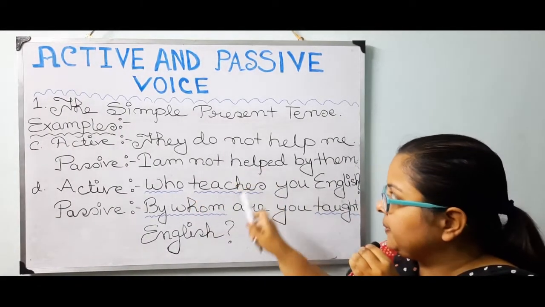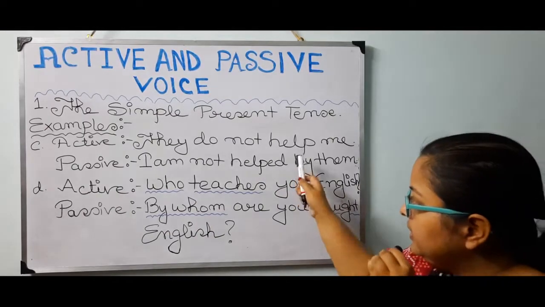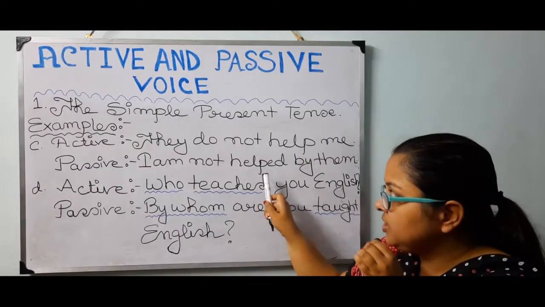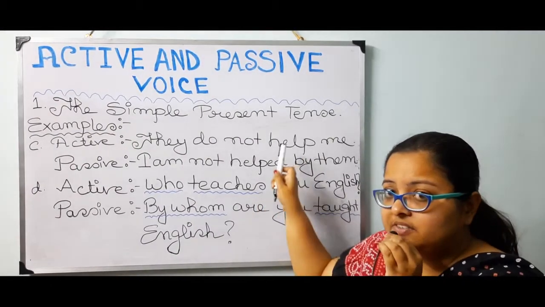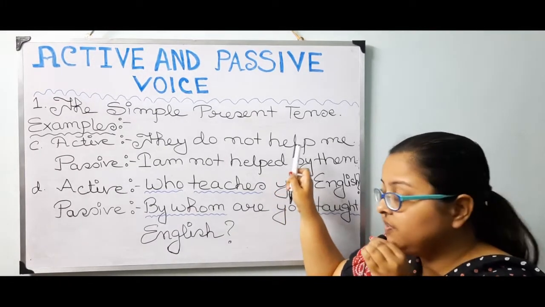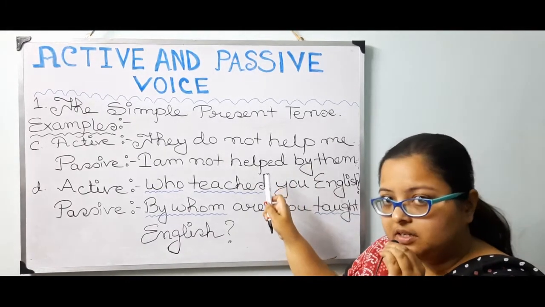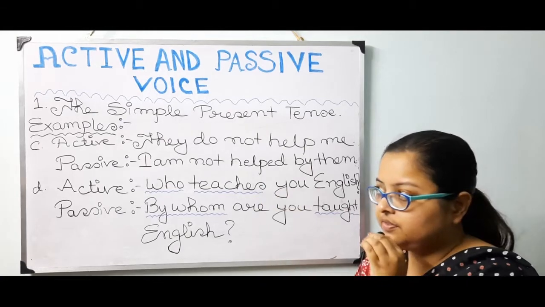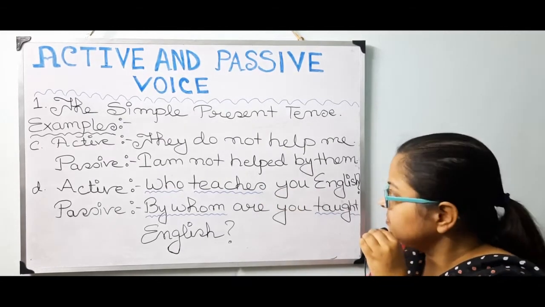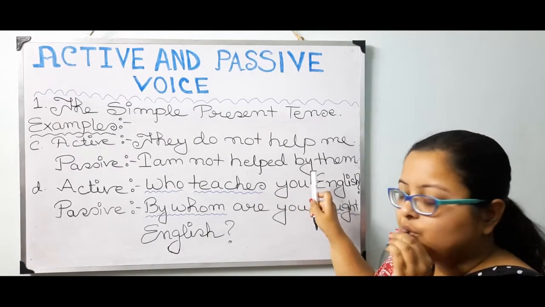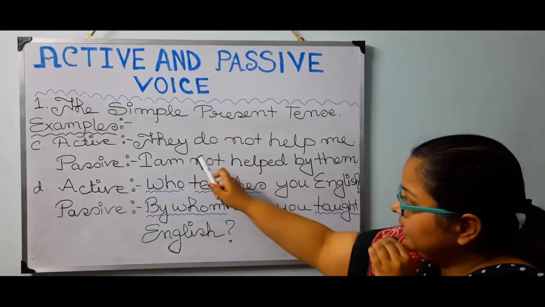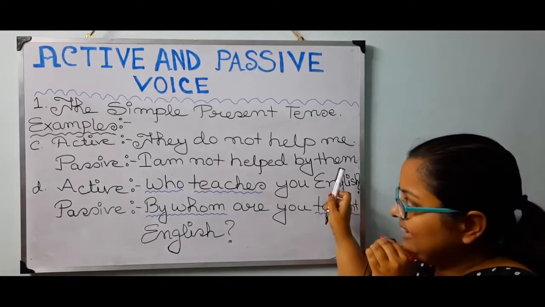Then not will be there. Then help is getting changed into the third form. Means the first form of the verb is getting changed into the third form of the verb, that is helped. Then by, according to the rule. Then they is turning into them.